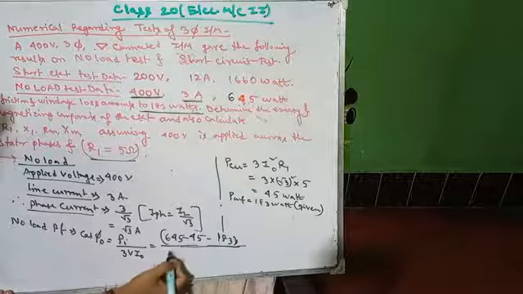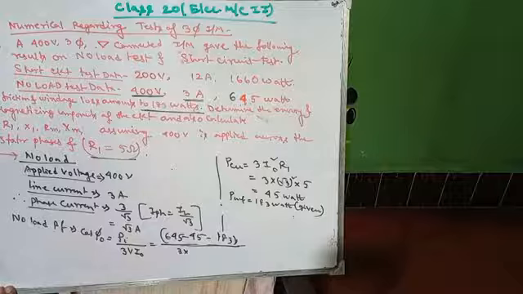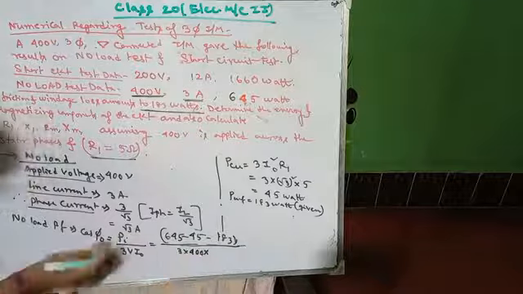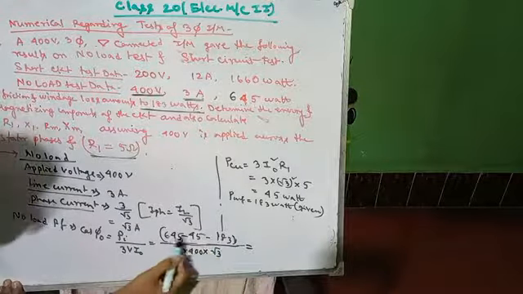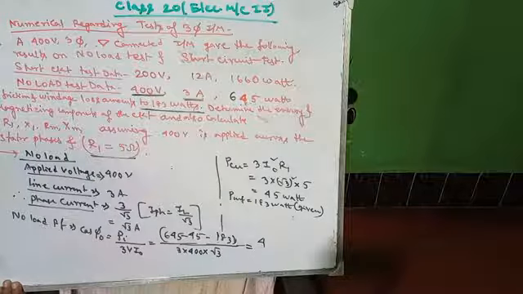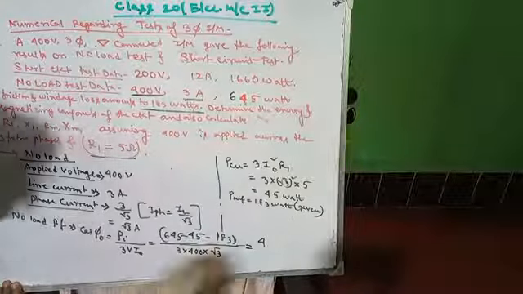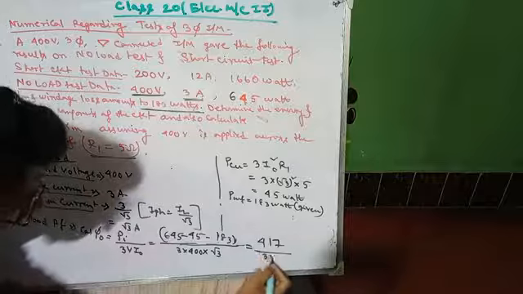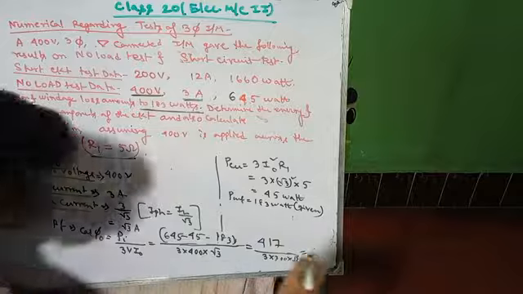So your result will be V equals 400 and I naught equals 1.732, that is root 3. So 645 minus 45 minus 183, that is 417, divided by 3 into 400 into root 3. After calculation you get 0.2.